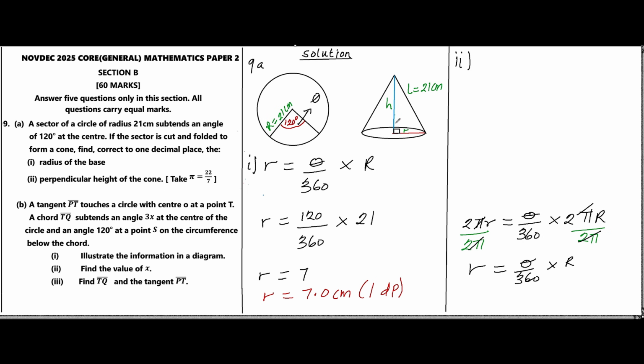Now consider we have a right angle triangle. The perpendicular height and the base radius will always meet at right angle. And we know the length of the longest side, which is the slant height. We've also calculated the radius. All that we need is the perpendicular height.